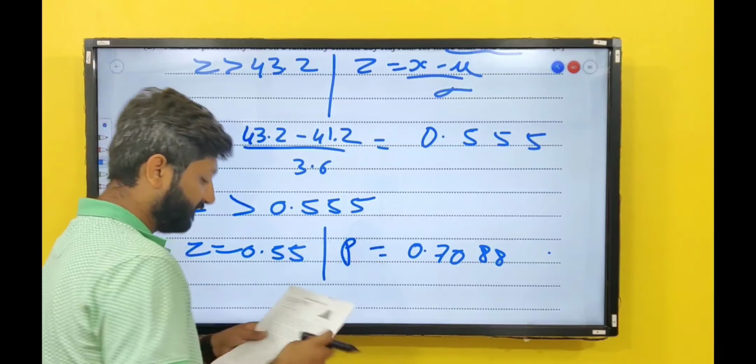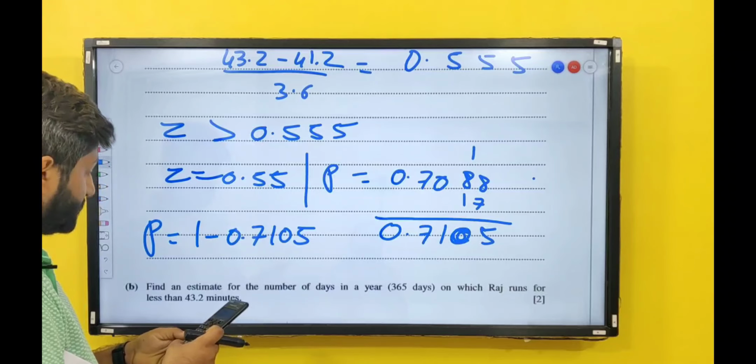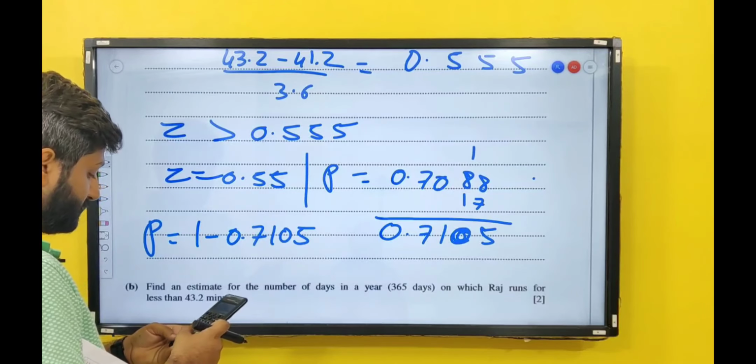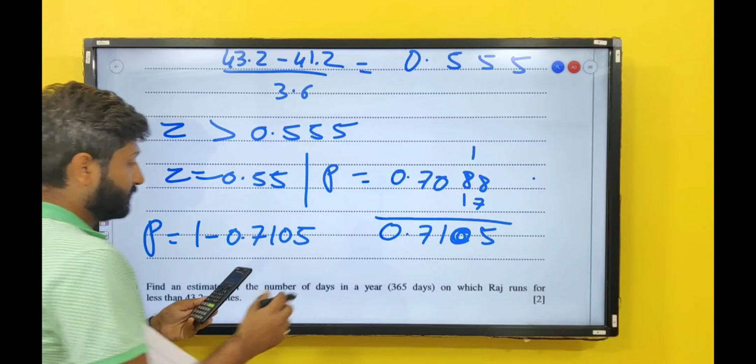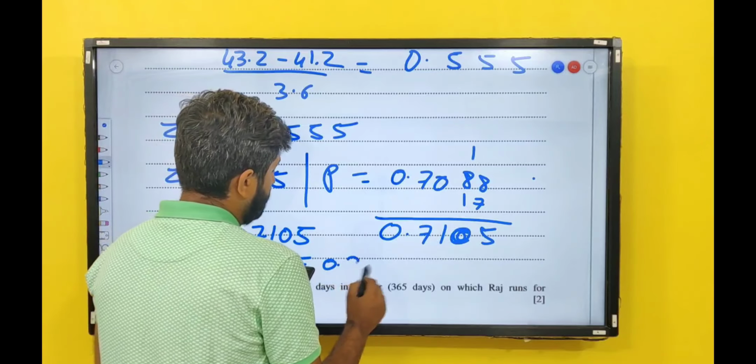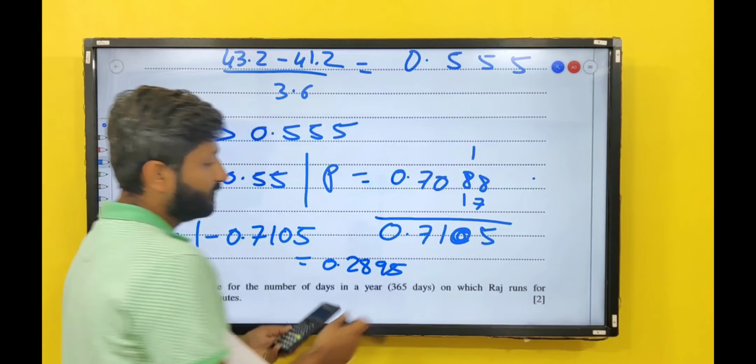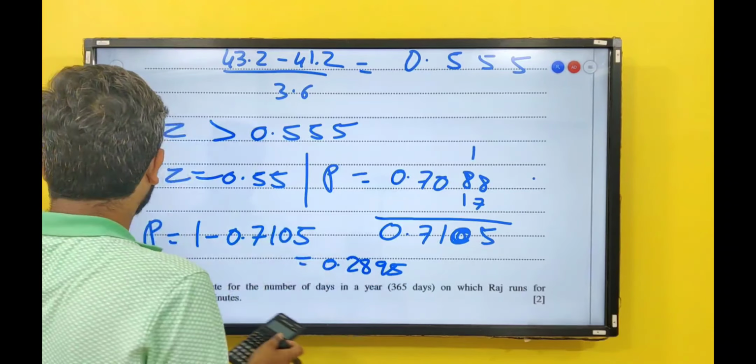But the probability distribution table generally gives you the value of less than, and we want the value of more than. So for more than, my final probability is 1 minus 0.7105, which is 0.2895. So my answer is 0.2895.